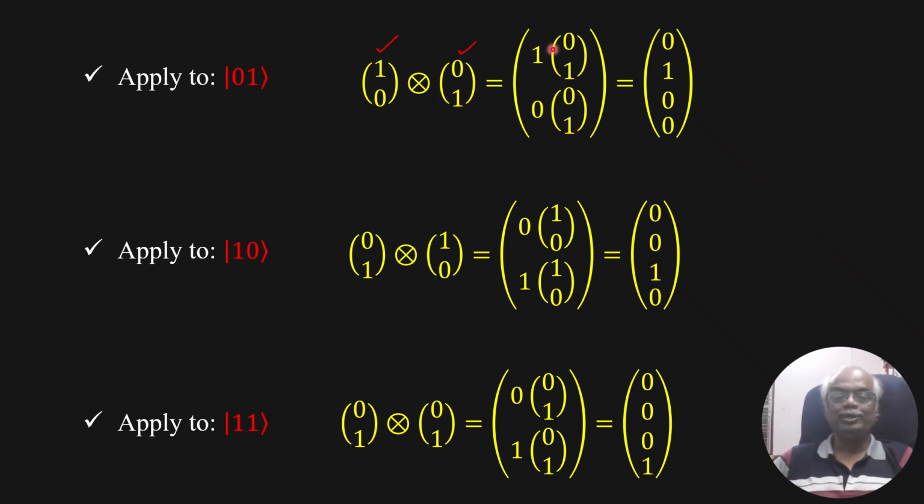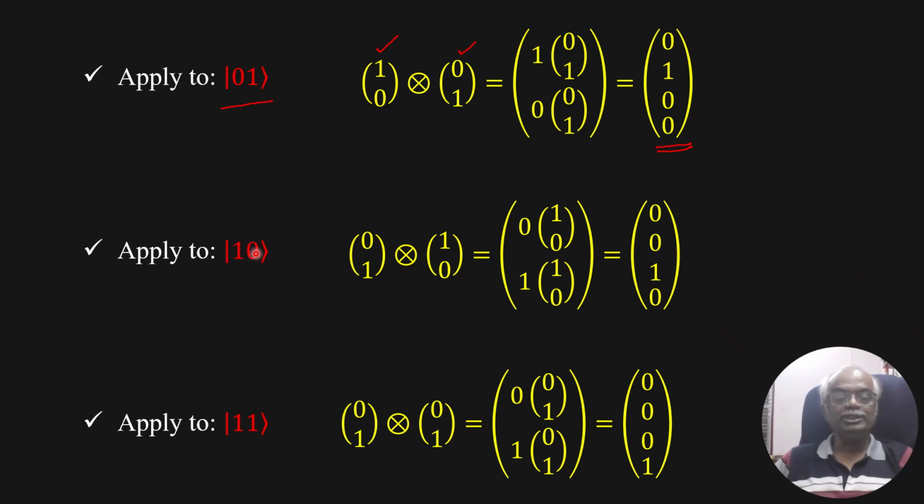So the result is (0, 1, 0, 0). That is, |01> is represented by this column matrix. That is another important point.